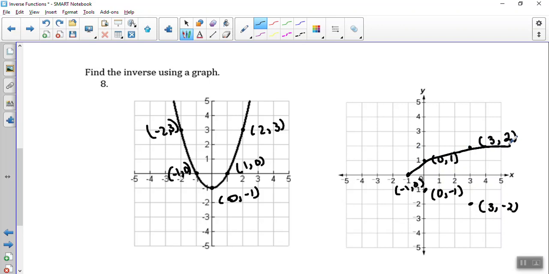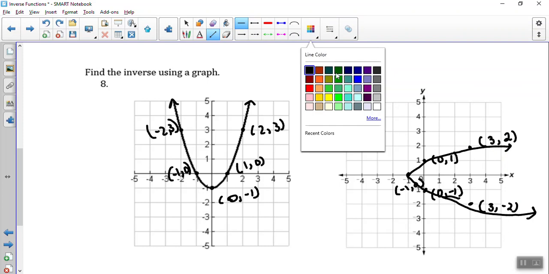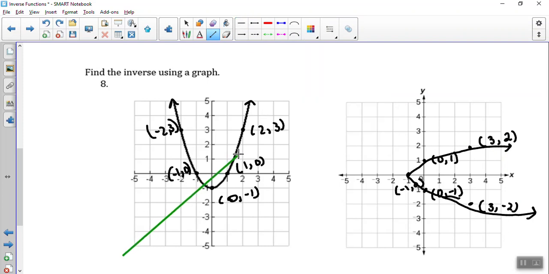Just to show you what the inverse function looks like on a graph. Okay, so I have the inverse. I have the original graph here, and the inverse graph looks like this. One thing I wanted to tell you is the inverse function on a graph gets reflected over this specific diagonal line right here.